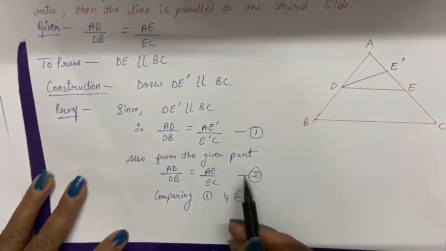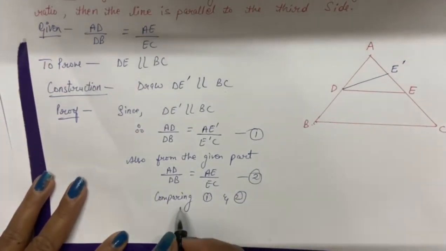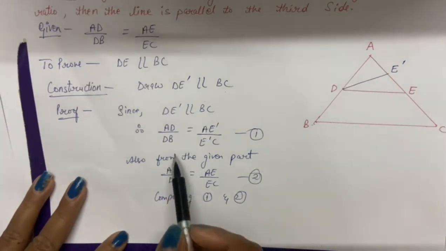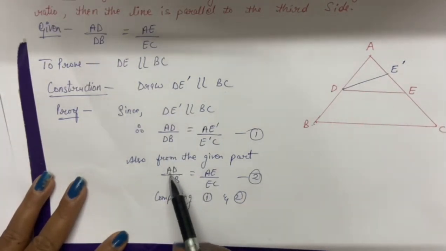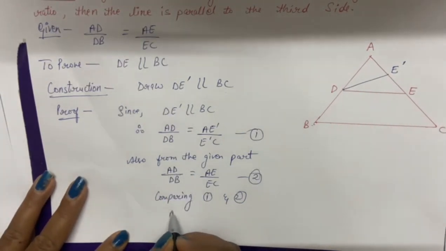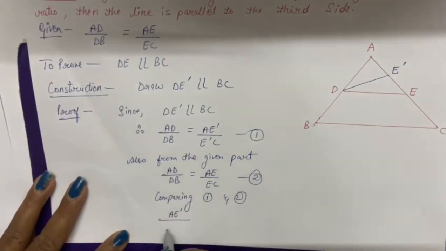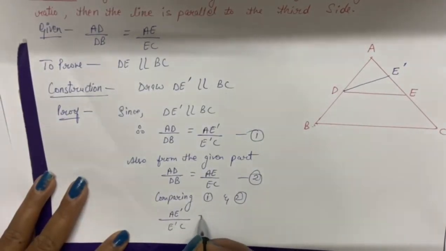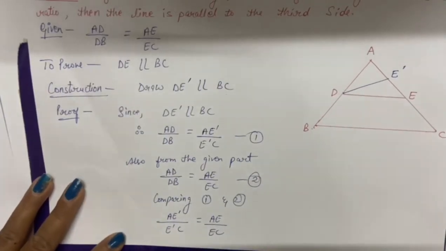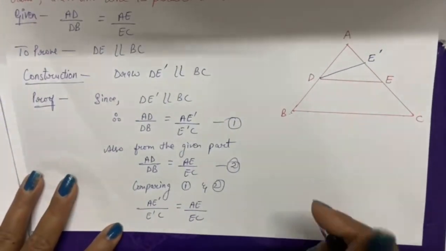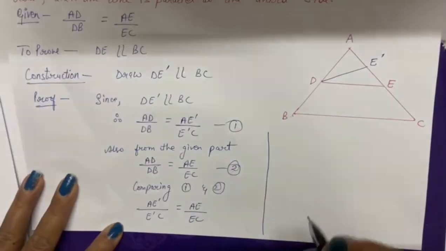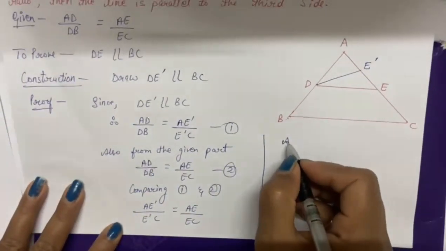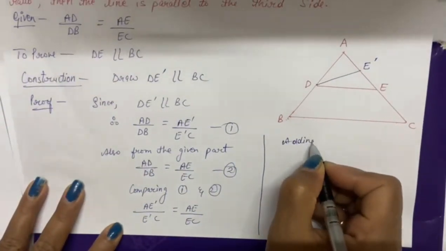After comparing 1 and 2, what will we get? We can see here that the LHS part of both is the same, right? So comparing 1 and 2, we got AE dash by E dash C is equal to AE by EC. Right? We got this.